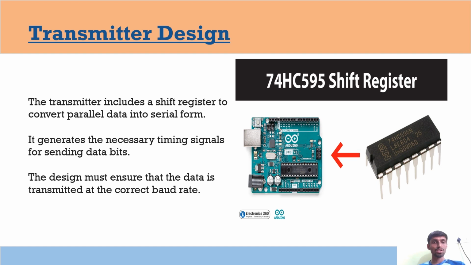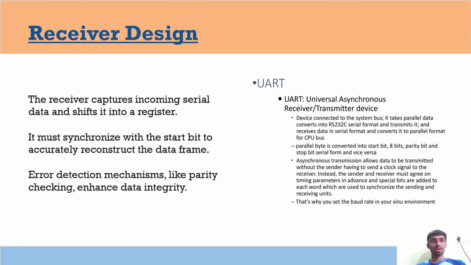The design must ensure the data is transmitted at the correct baud rate. Coming to the receiver design, the receiver captures incoming serial data and shifts it into the register. It must synchronize with the start bit to accurately reconstruct the data frame, and error detection mechanisms like parity checking enhance data integrity.